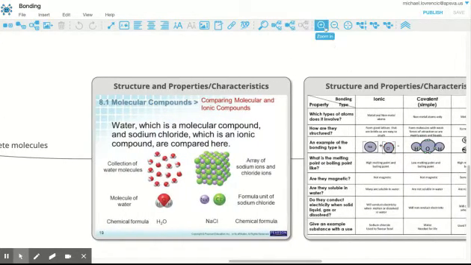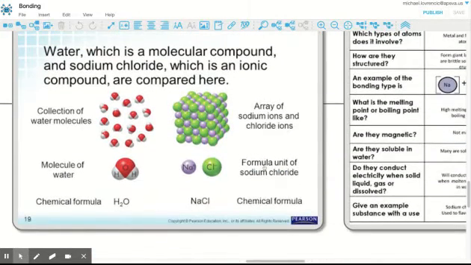So if you look at a simple molecular compound like water, its formula tells you exactly how many hydrogen and oxygen atoms are in each of those molecules. Each molecule of water has two hydrogens and one oxygen. Remember, that's different than the formula unit you get for an ionic compound, which just gives the simplest ratio.